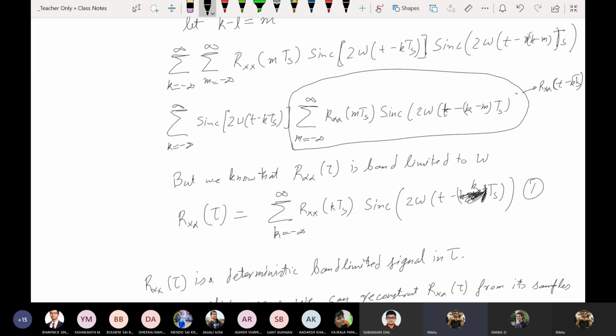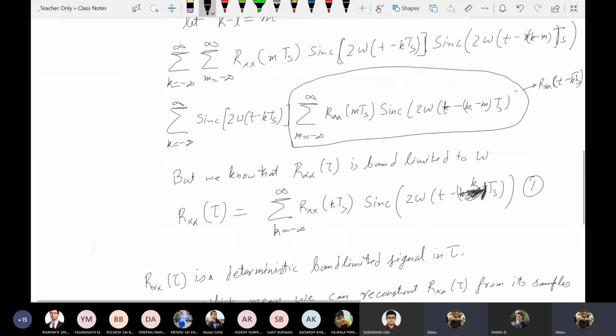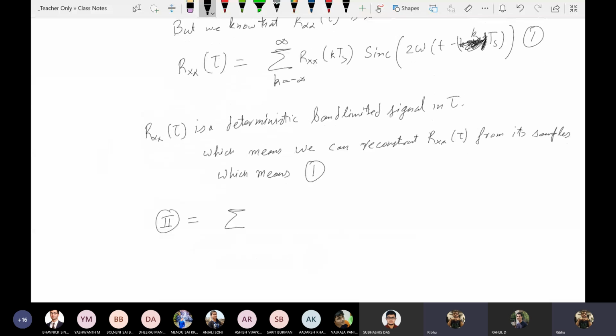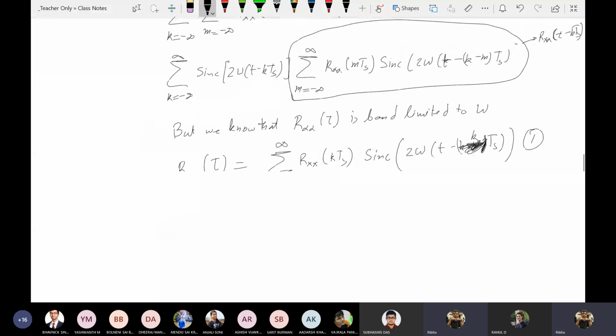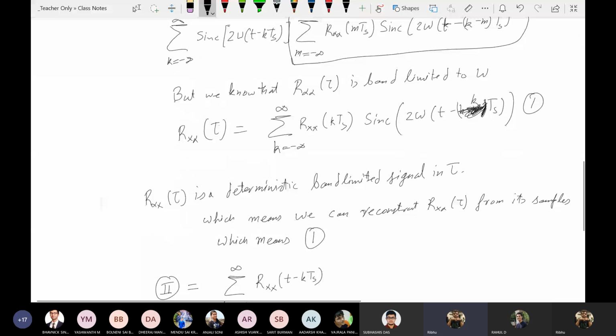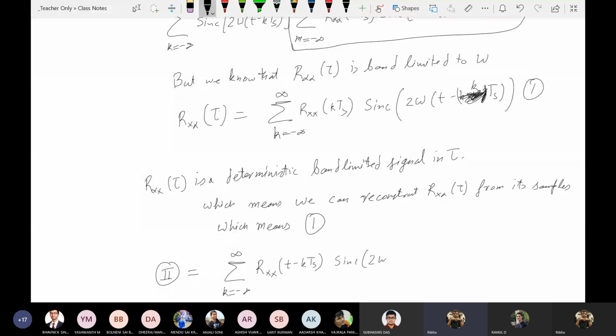Fine. And so, therefore, term 2 equals summation k from minus infinity to infinity Rxx, or rather sinc. Fine.